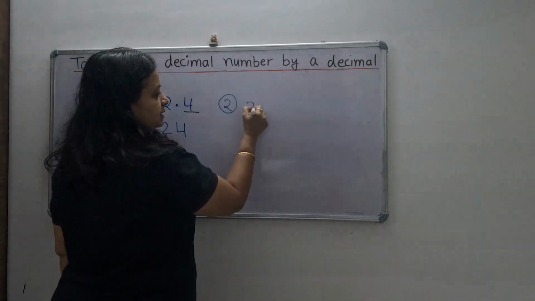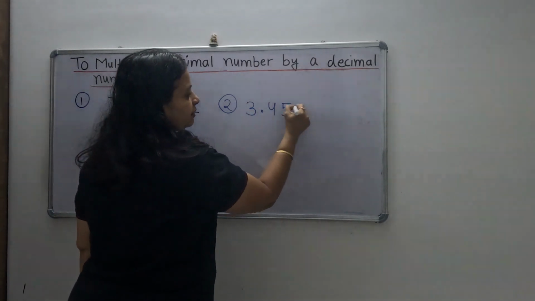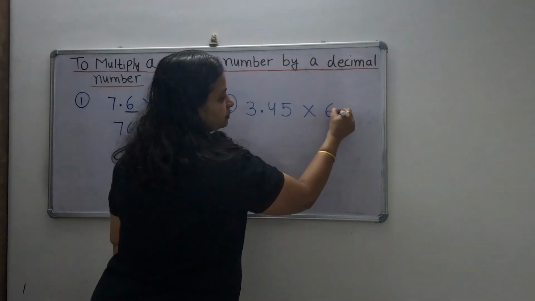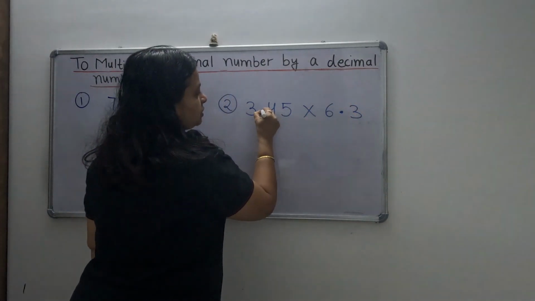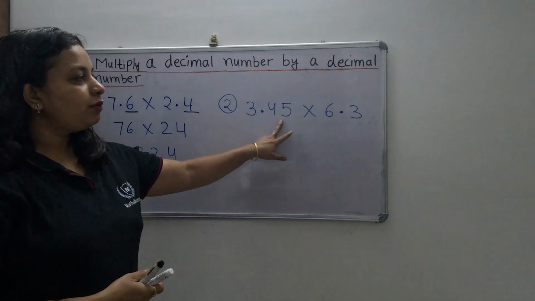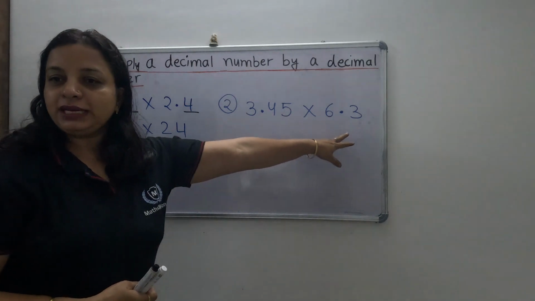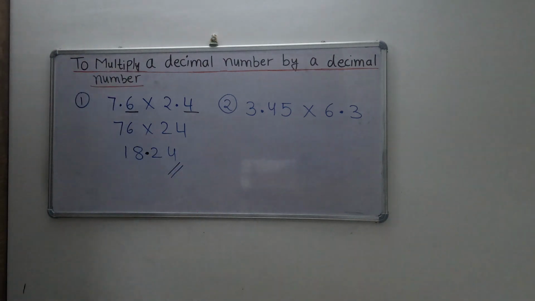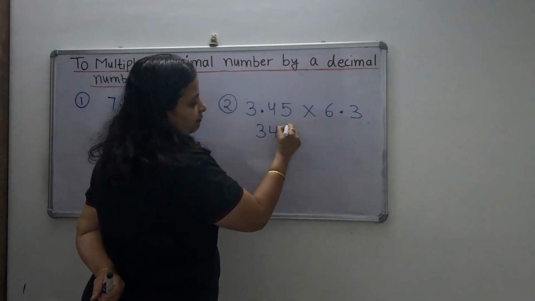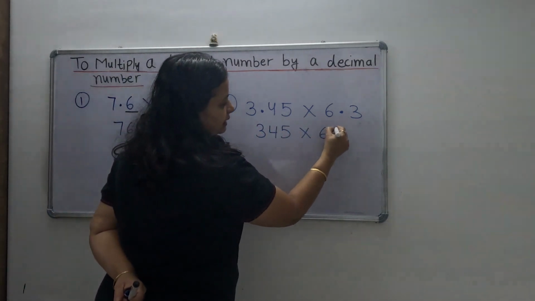So yes, 3.45 times, we can take the next number, 6.3. Now see, both the numbers are decimal numbers. 3.45 times 6.3. How will you do it? The same. First, ignore the decimal points. 345 times 63.